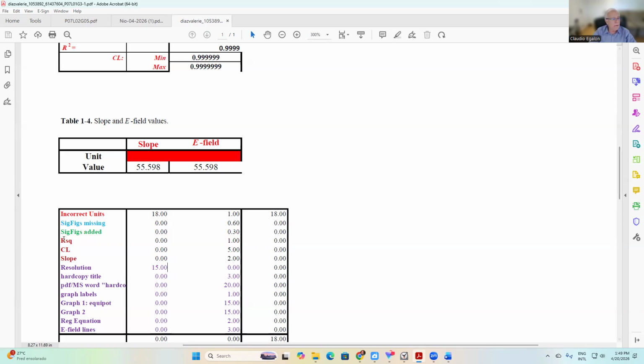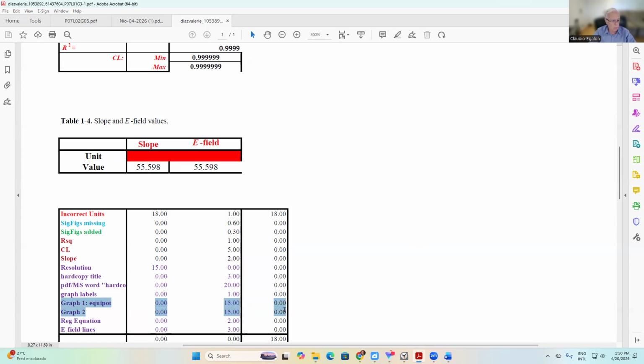Okay, here's the color for if you missed the R square, the CL, or the slope. And no resolution is no longer used. And then things like graph 1 and graph 2, I have to do manually.